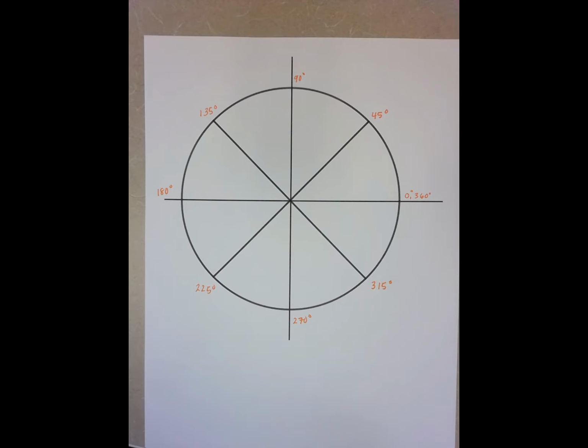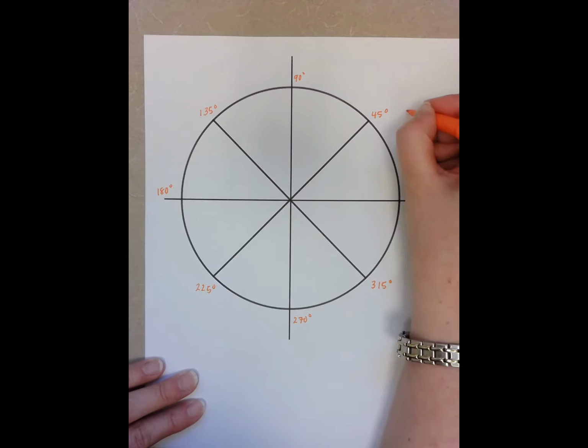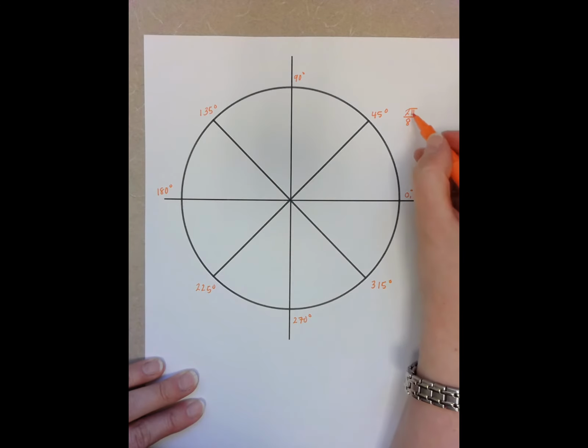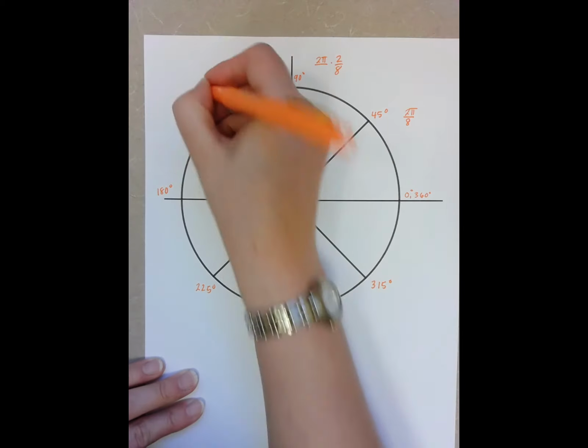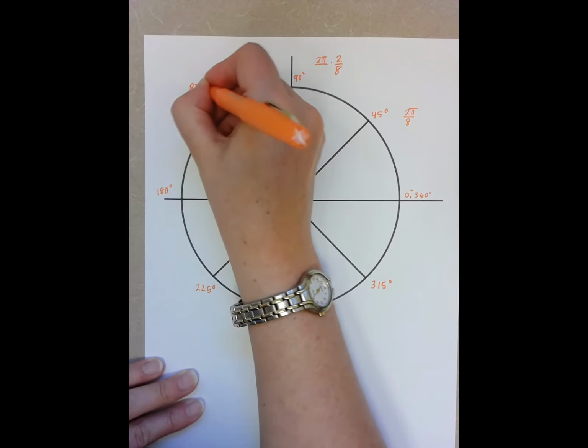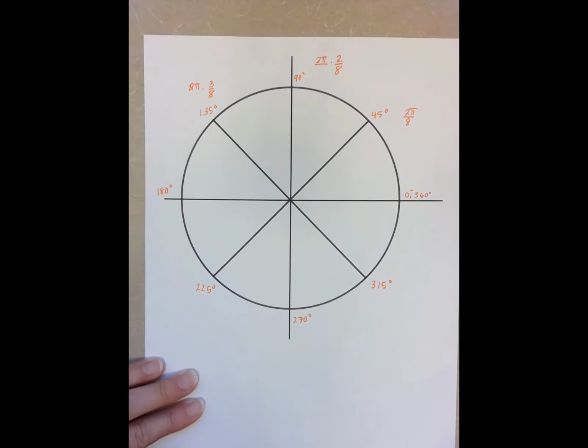So since I've cut my circle up into eighths, I would take my full circle of 2 pi and cut it up into 1/8, 2/8, 3/8.